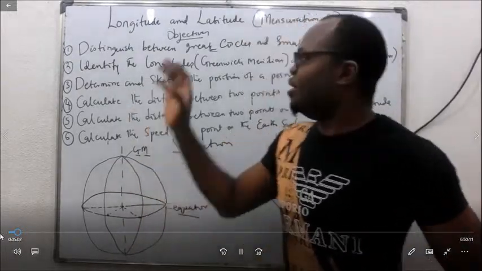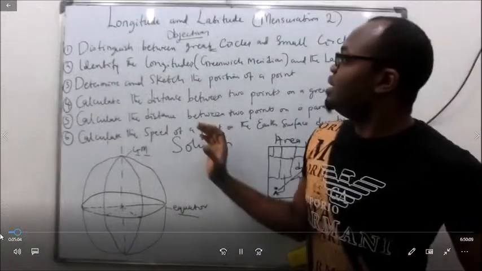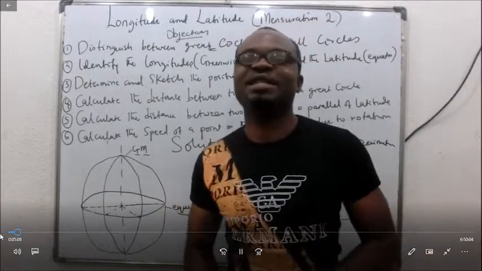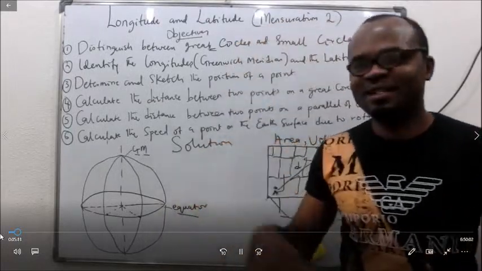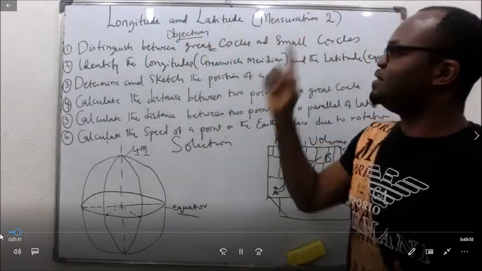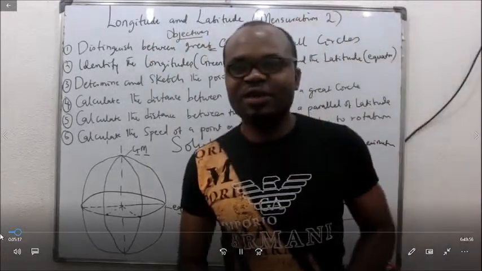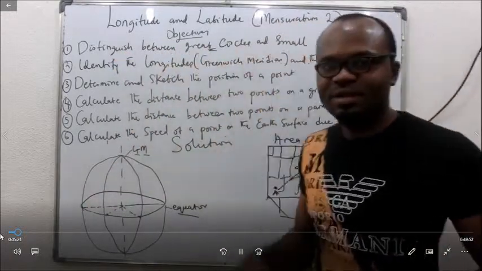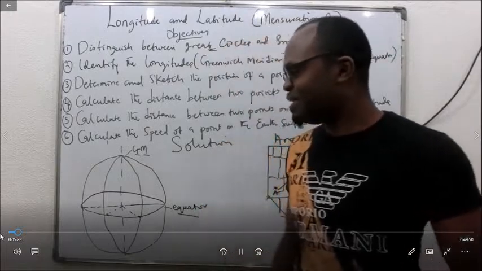So what is the objective of this course that we're going to be doing? What are we expected to know after this course, longitude and latitude under mensuration 2? Number one, after this course, you should be able to distinguish between a great circle and a small circle, which is what I've just explained.